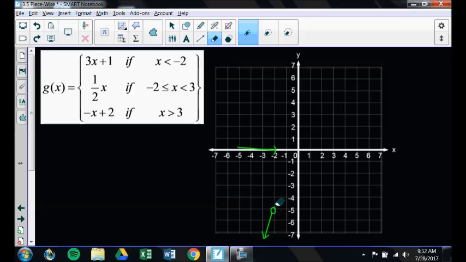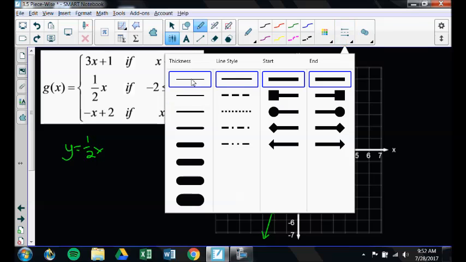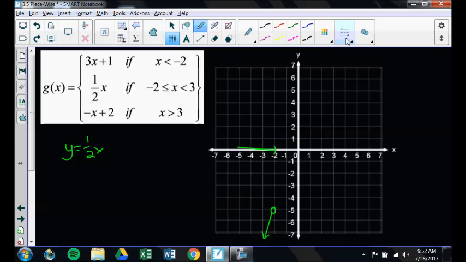Next part is y equals 1/2 x. I'm just literally graphing the line y equals 1/2 x. I'll do it in yellow. If I'm going from -2 to 3. Oops, that's wrong, excuse me.